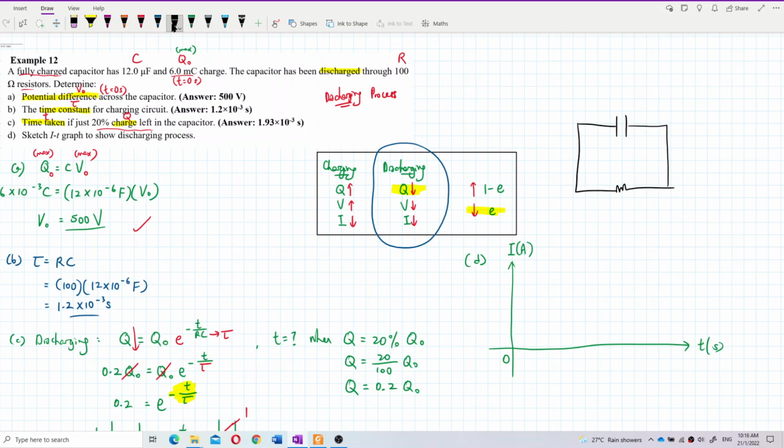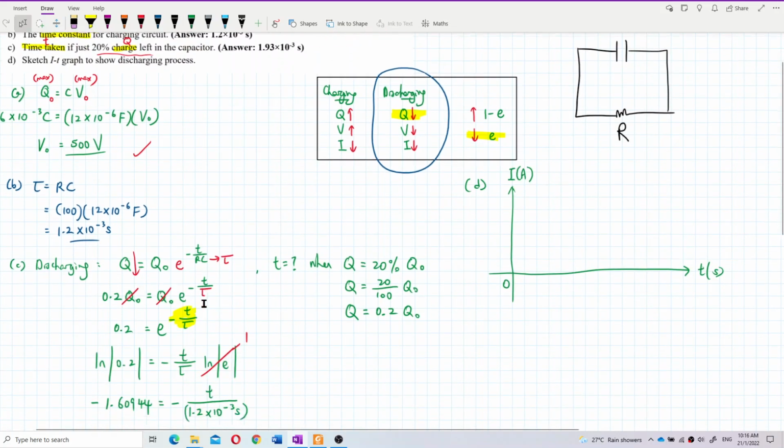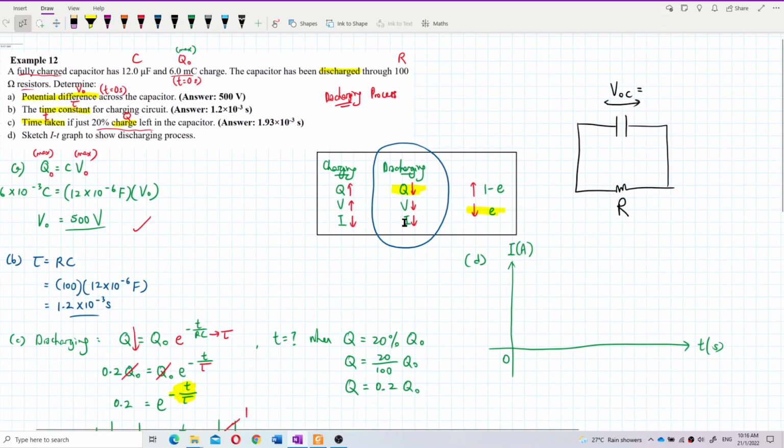Initially, the voltage of the capacitor is 500 volt. This is the initial voltage for the capacitor, which I got from here.